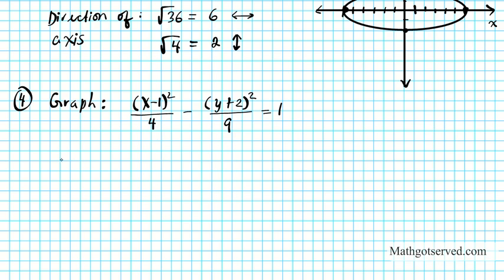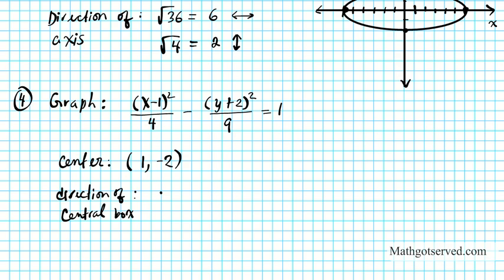So let's go ahead and find where the center is first. So the center, we take the opposite of the numbers next to the variables. So opposite the x is a 1, and opposite the 2 is a −2. Okay, so there goes your center. Next is the direction of the central box. It helps us construct the asymptotes.